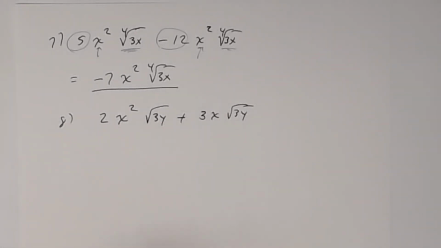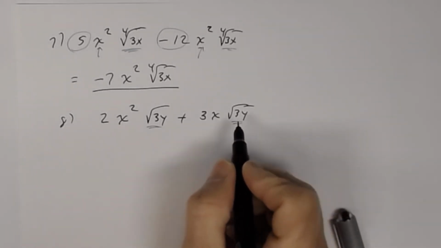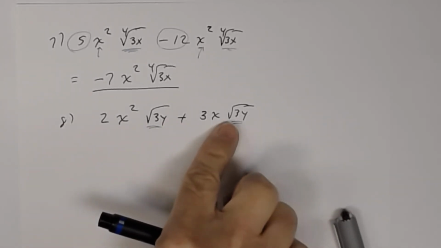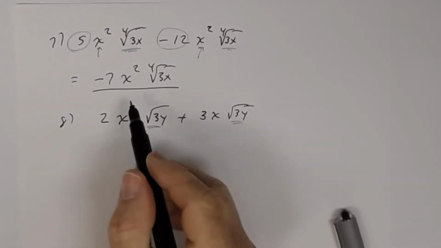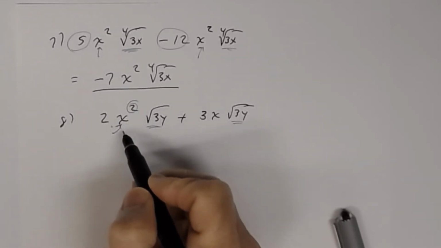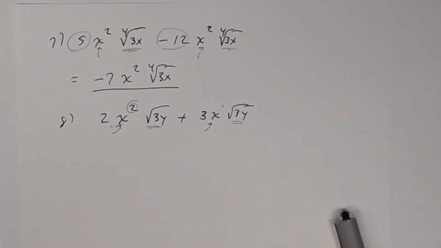All right. So I have two terms. The radical part's okay, right? But are those like terms? Yes or no? No, right? Because if you look at this one, this right here has two factors of x, and this right here only has one. So those are not like terms.